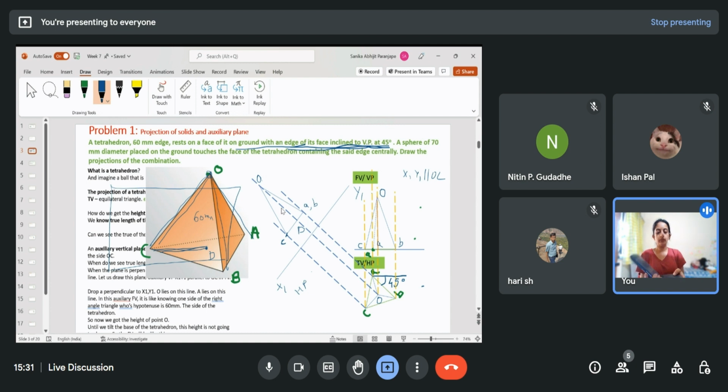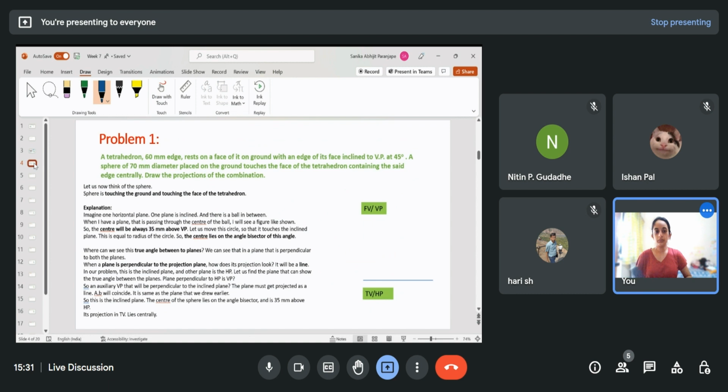Now imagine that I have a ball placed in front of this. When I have a plane that passes through the center of the sphere, I will see a circle like this, the radius perpendicular to this plane and a radius perpendicular to this plane. So let us try to draw that figure first.